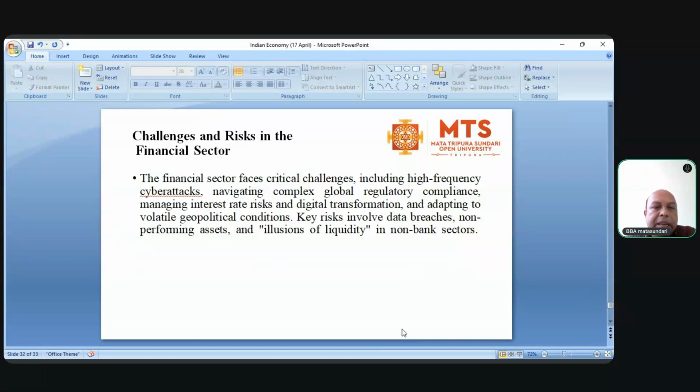Like cyber attacks. Cyber attack is nowadays a common threat for the financial sector. There is unauthorized access to various platforms of the financial sector, and many times the financial sector faces loss, and households who save money in the financial sector also face loss.